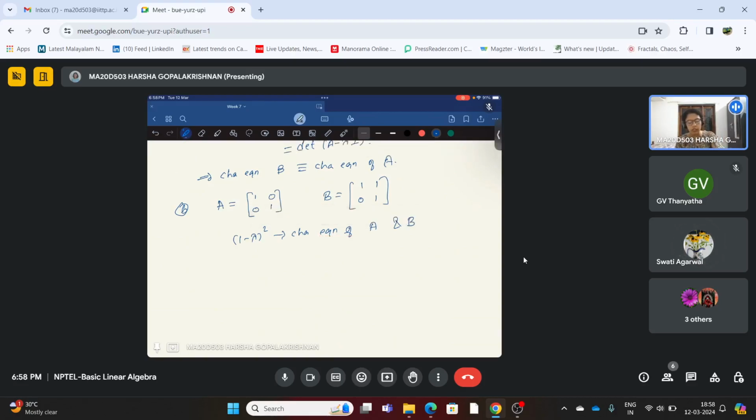Now can you think about whether they are similar or not? That means, is there any P such that B equals P inverse AP? Is this possible?